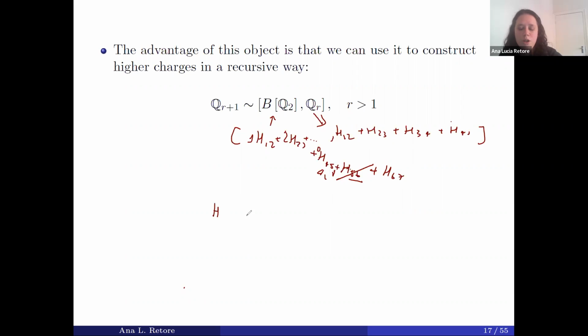So for example, H6,7 has identities everywhere except on those sites, so these objects commute.